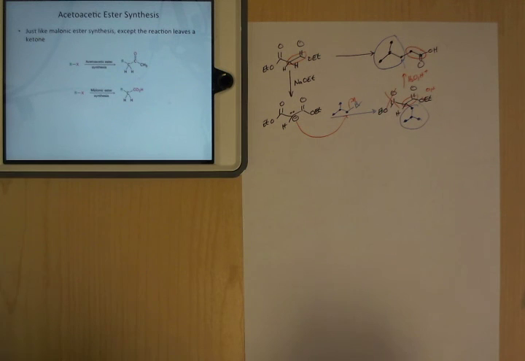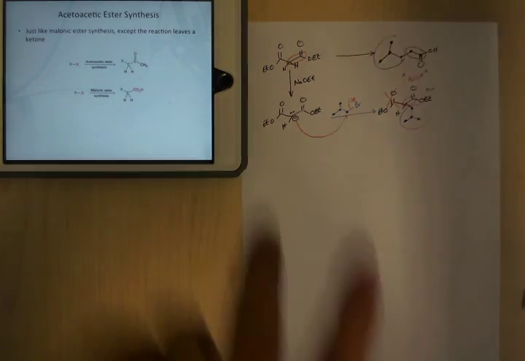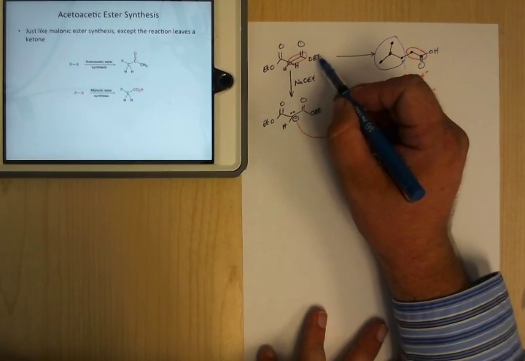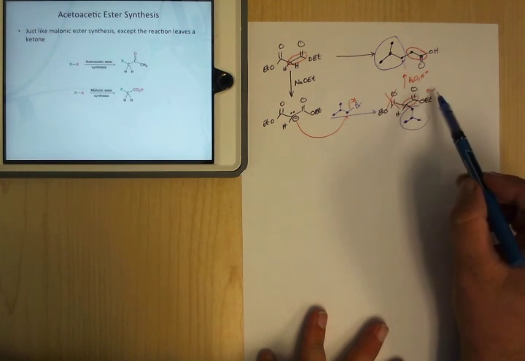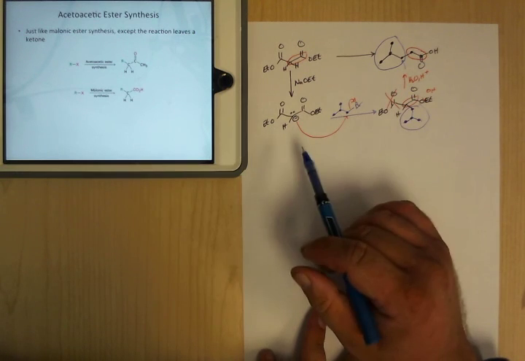Okay, so acetoacetate works exactly the same way, except for two little quirks. Instead of an O-ethyl group here, we're going to have just a methyl. The other quirk is that when you get to this step, you have a ketone side and an ester side, and it's just the ester side that gets decarboxylated.